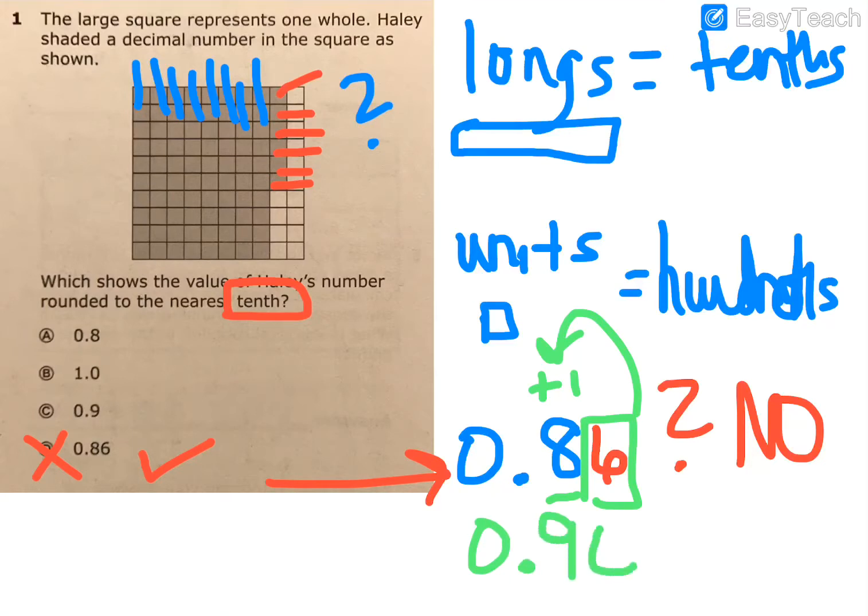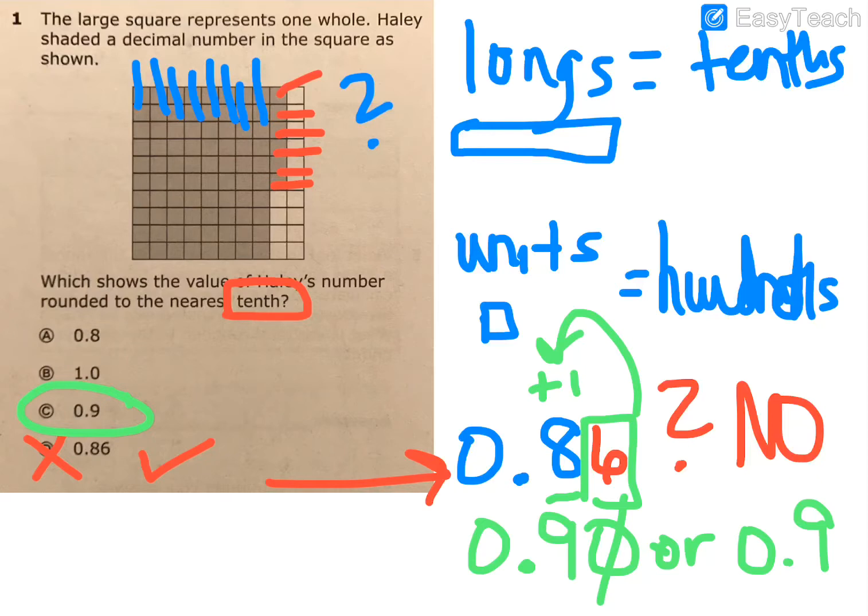We either put a 0 or we can drop it, right? So our answer choice either needs to be 90 hundredths or 9 tenths. Which of those answer choices do we have below? C would be our correct answer. Please take a moment to check your work and make any necessary corrections.